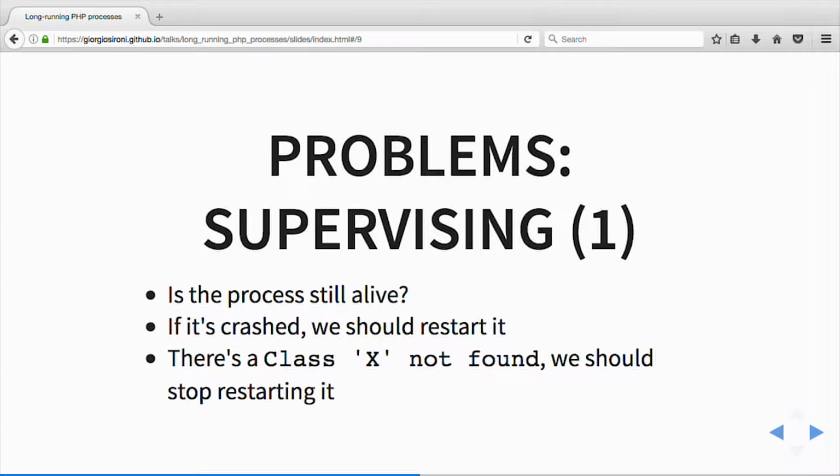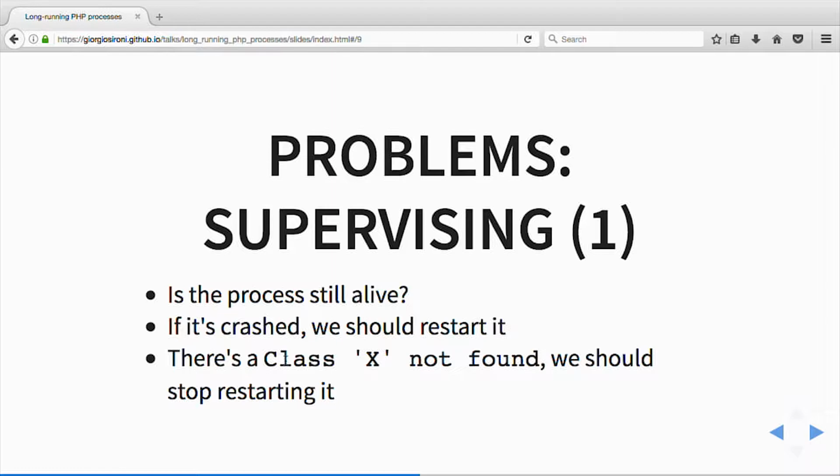You can solve some out-of-memory errors by restarting a process. You can solve a temporary error on an API call not being completed with a restart, but you cannot solve a class not found.